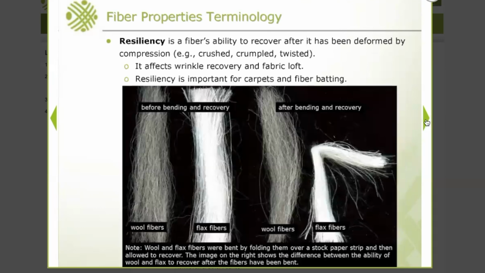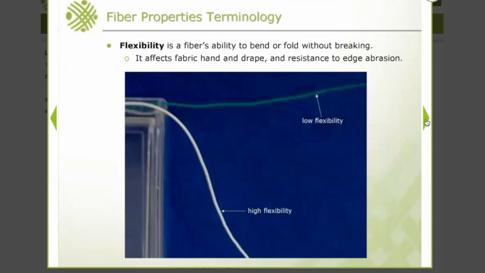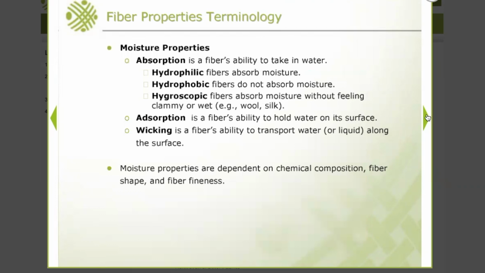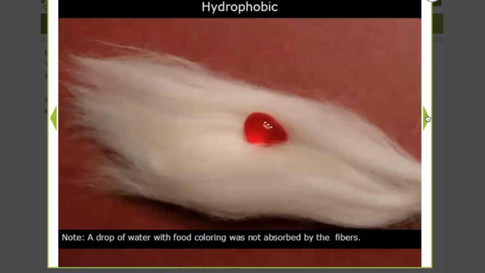We talked about resiliency. Again, this affects wrinkles and crush resistance and so on. Flexibility of a fiber is the ability to fold or bend. We talked about all of these. Now, this is a good example of hydrophobic, where the water doesn't get absorbed into the fiber. It just beads up on the surface.